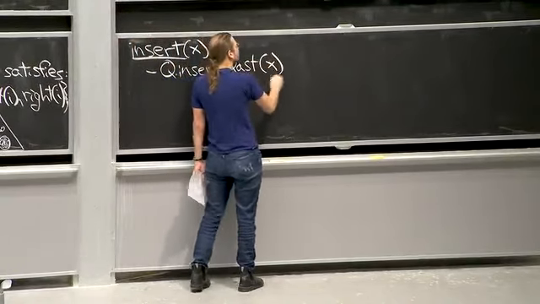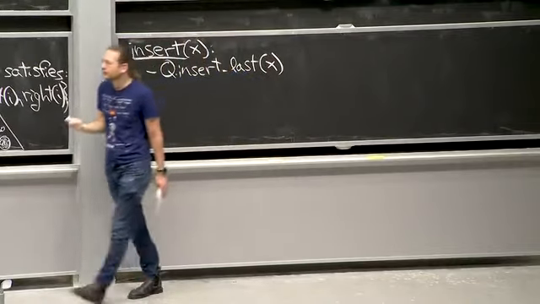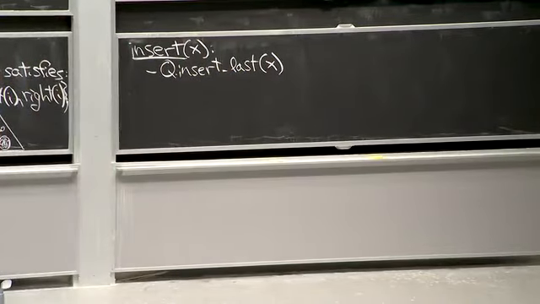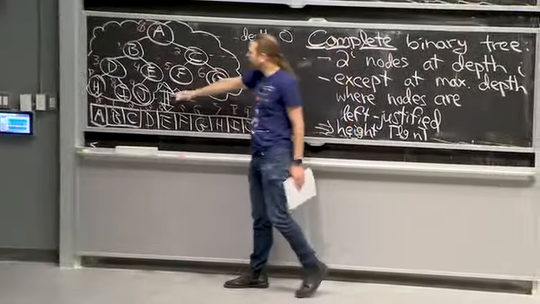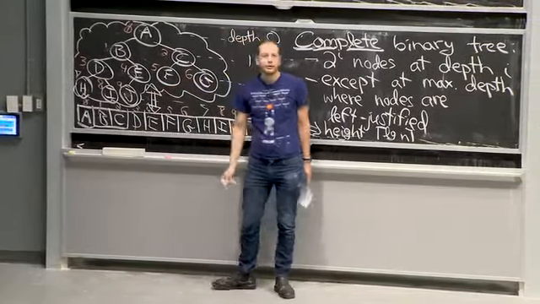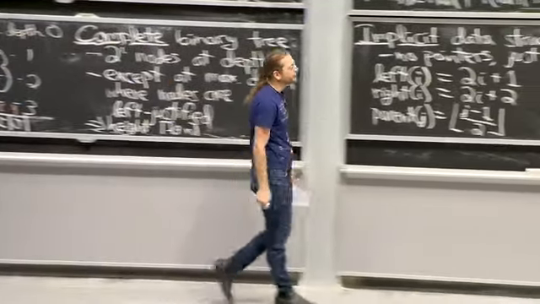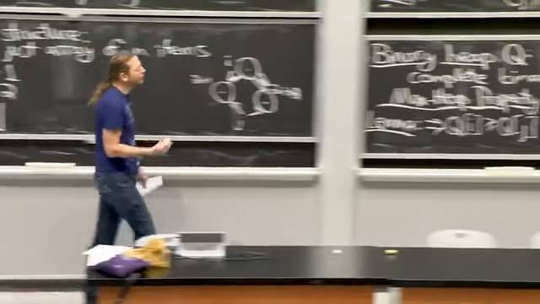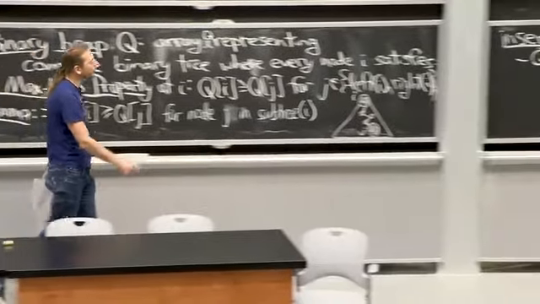This corresponds to adding a node containing the item x in the very last level of the complete binary tree. Either it goes to the right of all the existing nodes or it starts a new level, but it's always going to be the last leaf. After we do the insertion, it will be at position size of Q minus 1.